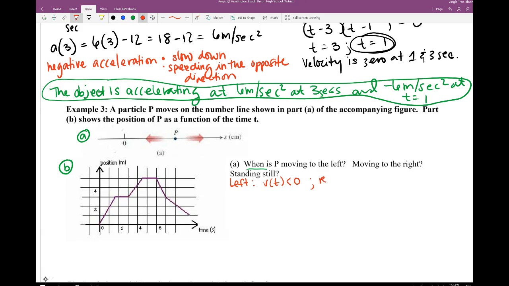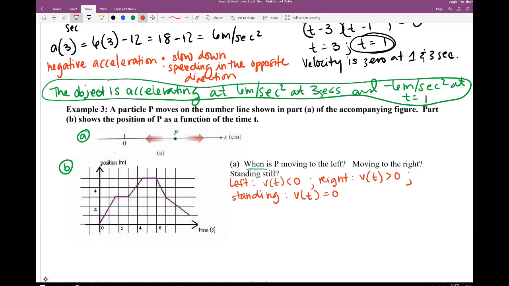Moving right is when the velocity is greater than 0. Standing still, or about to change direction, is when v of t is 0.